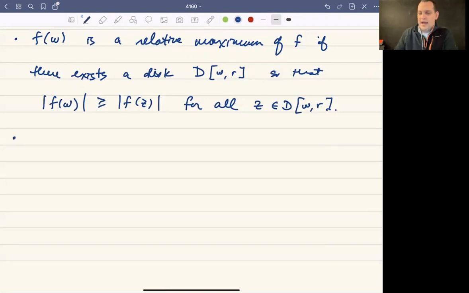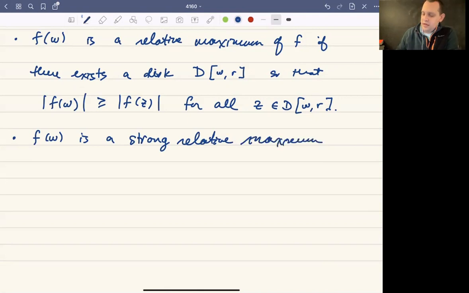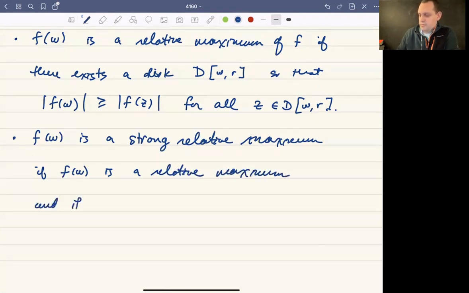Now, one extra condition that we're going to add: we're going to say that f of W is a strong relative maximum if f of W is a relative maximum, and if f is non-constant.